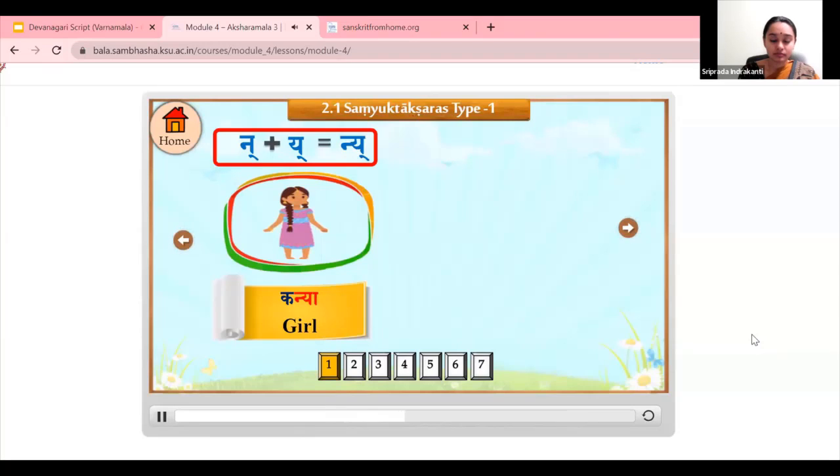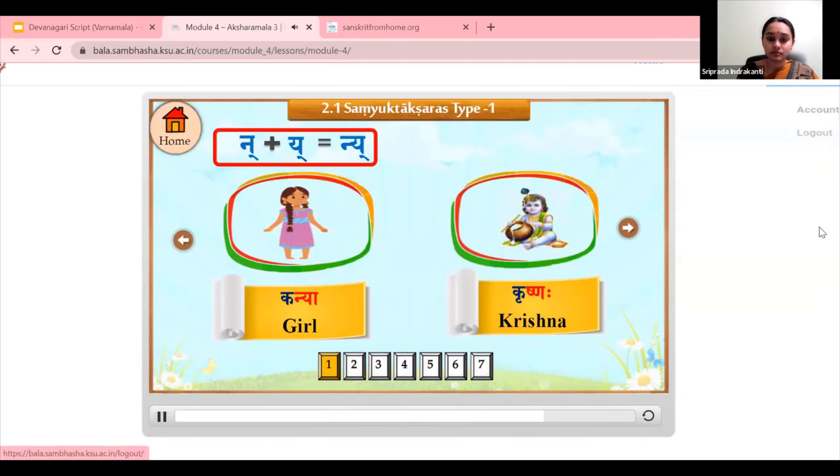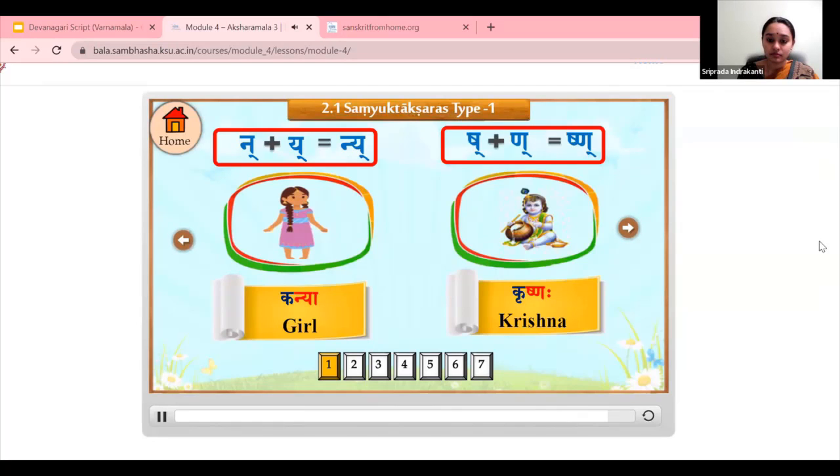The second vyanjana y is written full, and the matra for a is added to it to form nya. Another example is Krishna. sh plus n is shna. So that was type 1.